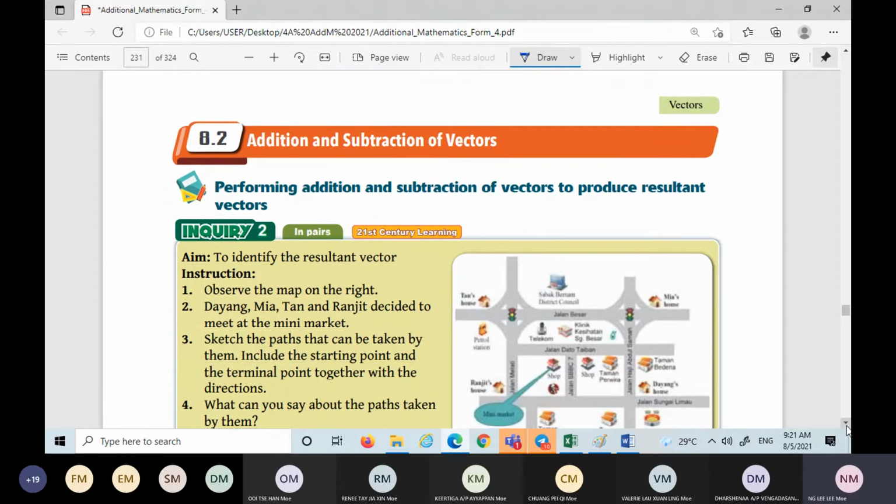May I know, have you learned in your physics resultant vector? Resultant vector, have you learned in your physics? No, I think, teacher.